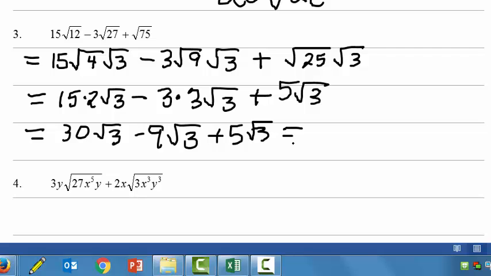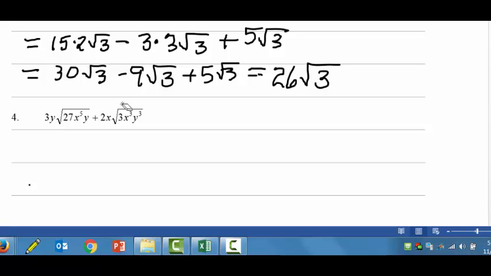So a subtraction and an addition. And 30 minus 9, and these are all square root of 3 terms, so we can do this addition and subtraction. 30 minus 9 is 21, plus 5 is 26. So this is 26 square root of 3's.